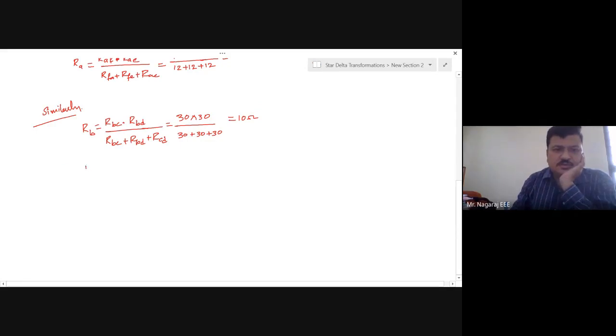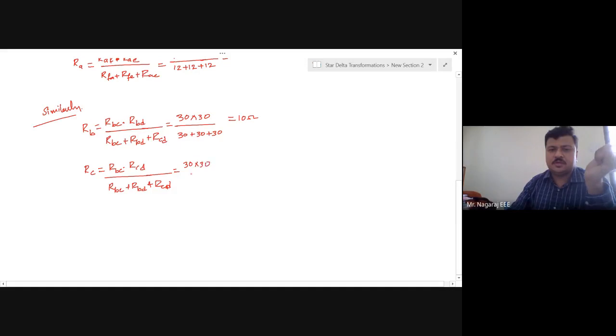Then RC is equals to RBC into RCD divided by RBC plus RBD plus RCD. Same, the value will remain same. It is 30 into 30 divided by 30 plus 30 plus 30, 10 ohms.